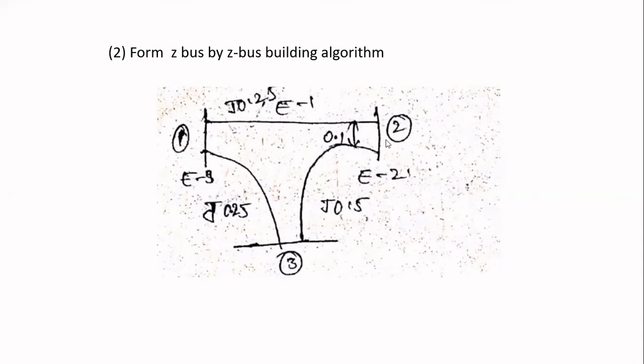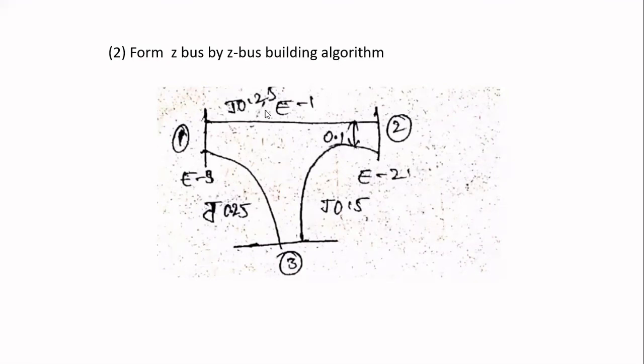In this diagram also we have mutual impedance. The mutual impedance is there between 1 to 2 and 3 to 2, and its value is 0.1.